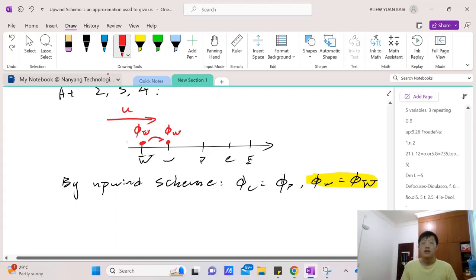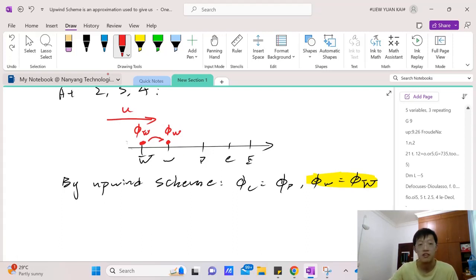So basically, I think you see what the physical meaning of this is now. We have some fluid flowing in a certain direction, and we don't know what phi E is, we don't know what phi small w is. Because of this fluid flow, it pushes the next value onto the unknown points, phi E and phi W. So let me recap again.